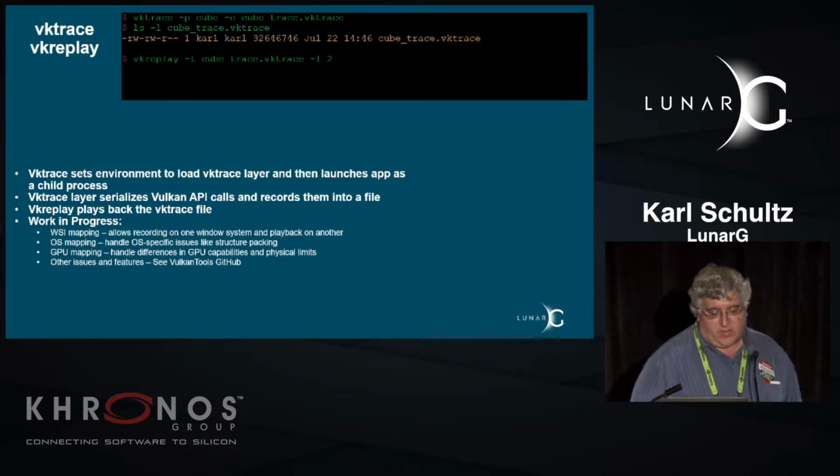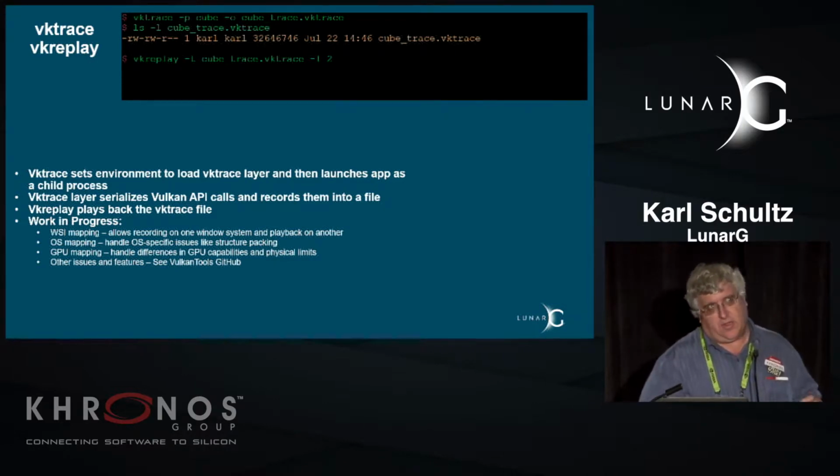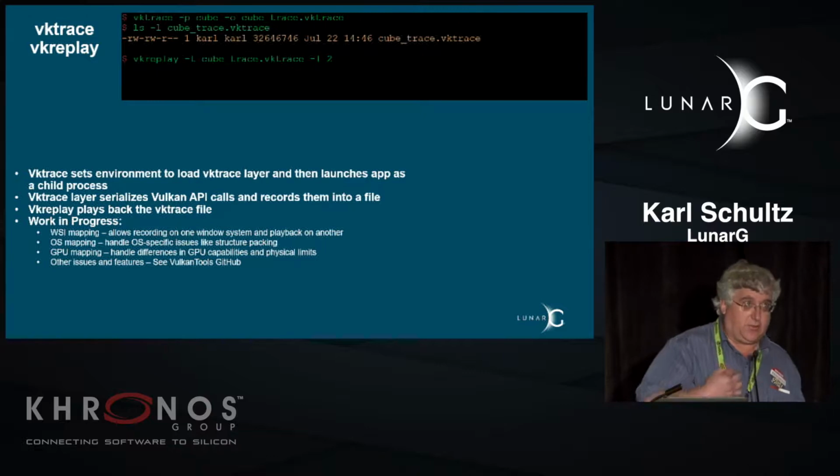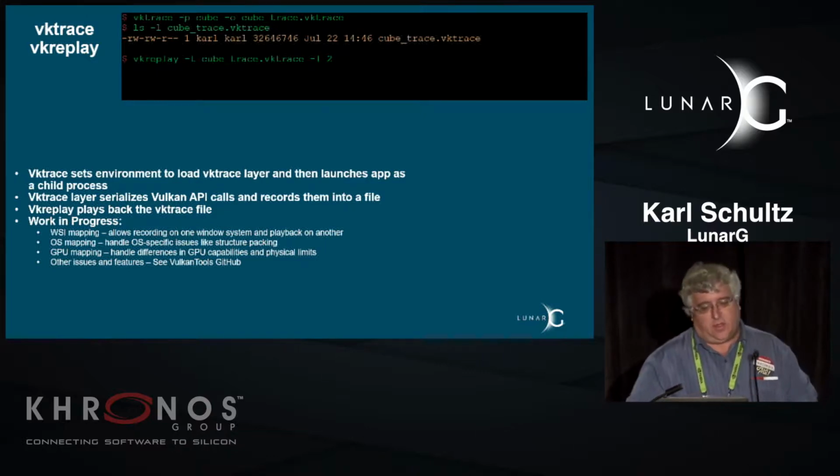And we're working on improving vktrace. It works really well if you're capturing and then playing back on the same platform, but we're working on things like WSI mapping, so you can capture on Windows and play back on XCB or XLib.